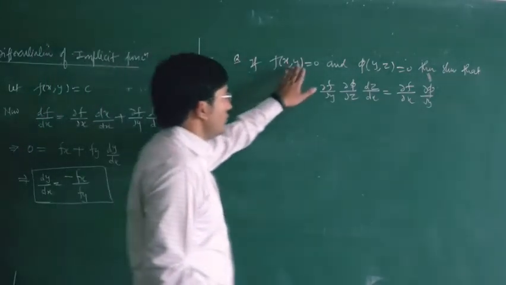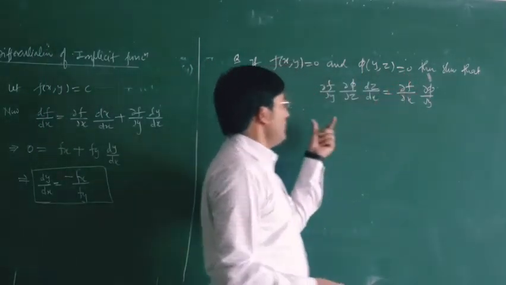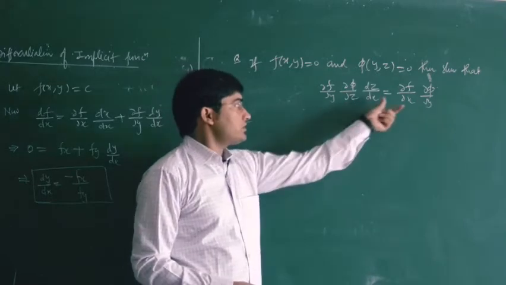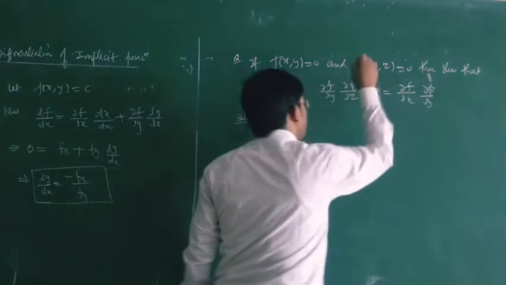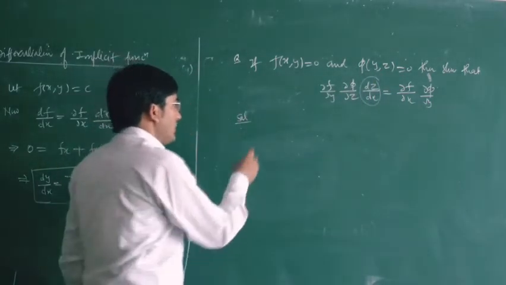If f(x,y) equals 0 and phi(y,z) equals 0, then we have to prove that this is equal to this value. Here you can see that we have a total derivative dz/dx. So let us find out.